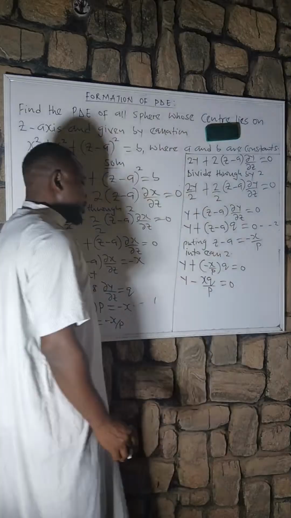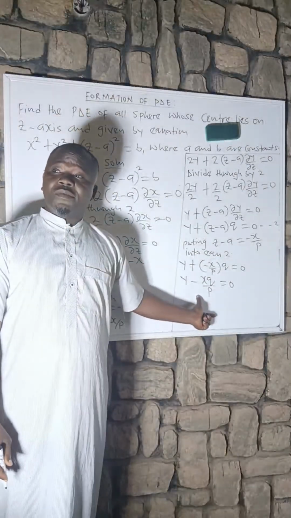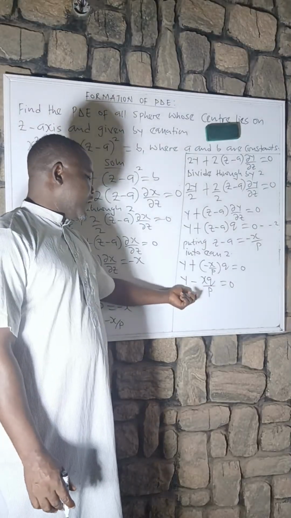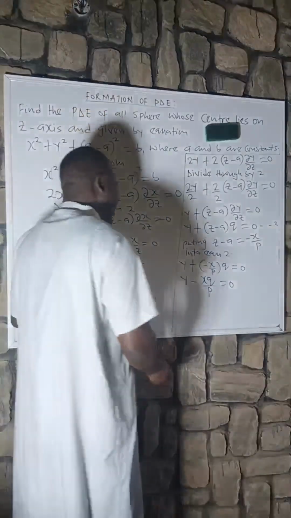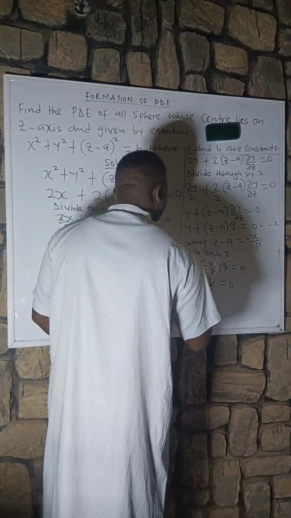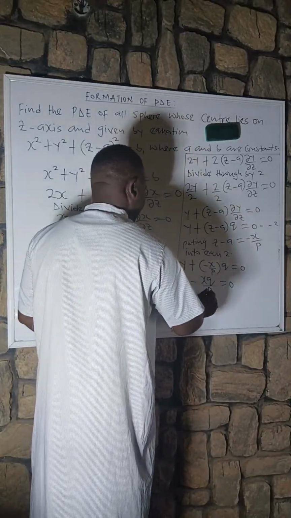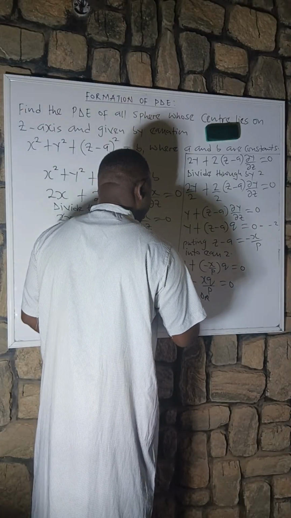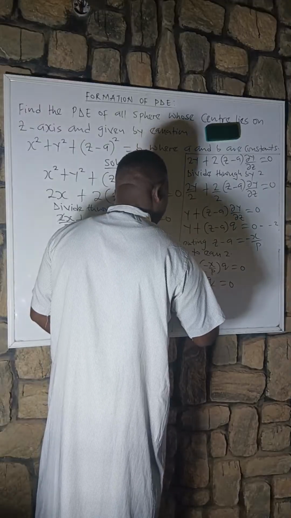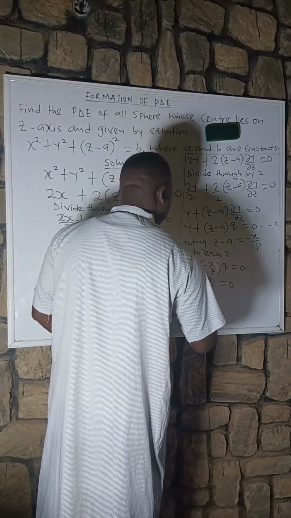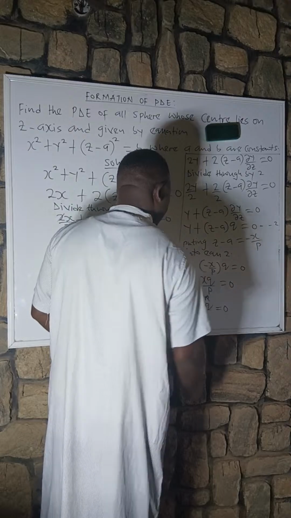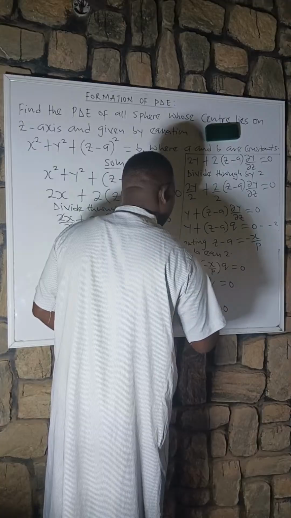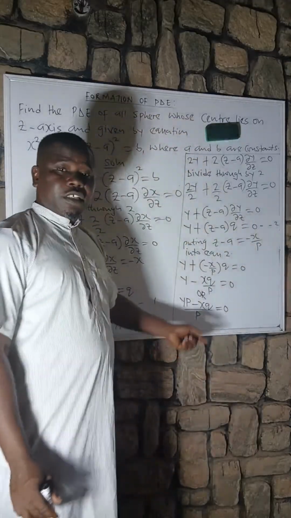So you either leave it in this form, or by the time you take LCM, here we are going to have yp minus xq all over p equals 0. Yeah, so far so good. This is how you are going to form it.